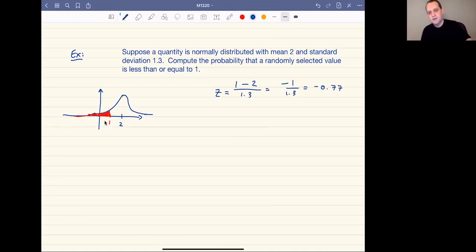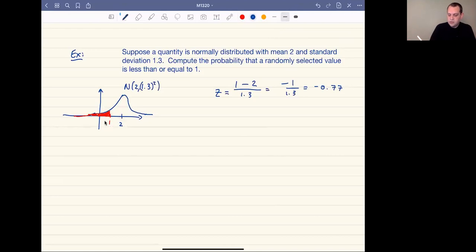And this is the normal distribution with mean 2 and variance 1.3 squared, which is 1.69.